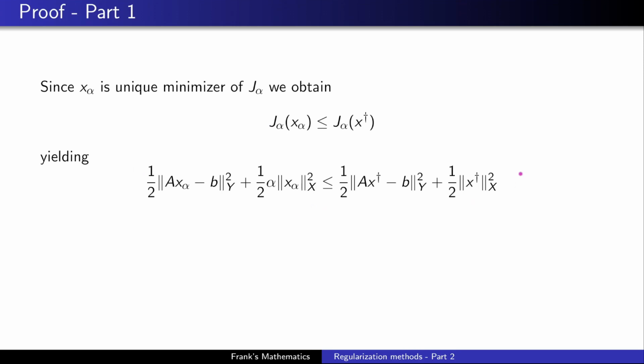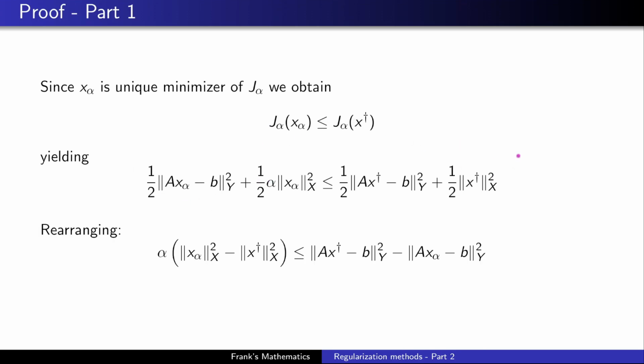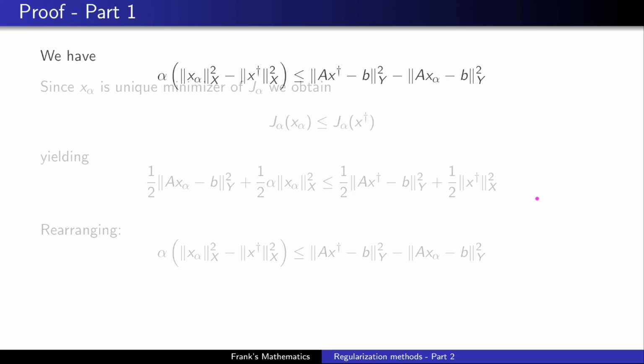And if we now rearrange these terms a little bit, bringing the x terms to one side and the Ax terms to the other side, we will get the following expression here. And if you take a look at the right hand side, this now somehow looks like the definition of j without an alpha, right? And this is in fact what we're gonna use now.